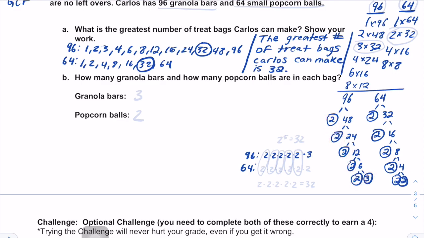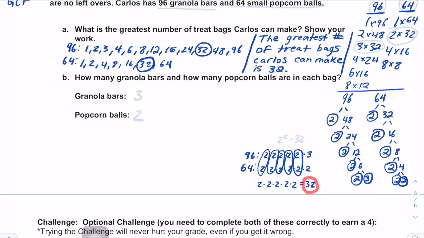And for the number 64, I see that there are 1, 2, 3, 4, 5, 6 2s. 2 times 2 times 2 times 2 times 2 times 2. So these look like very similar factor strings, but I do see that they have 5 prime factors in common, which means I'm going to multiply these together and just do 2 times 2 times 2 times 2 times 2 to give me a final answer of 32.